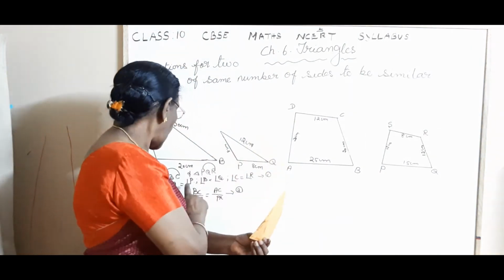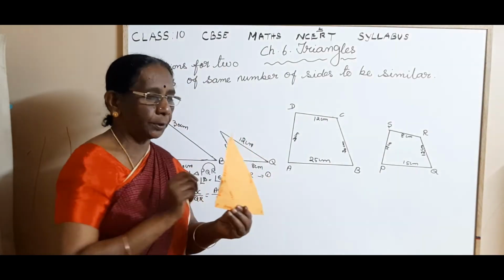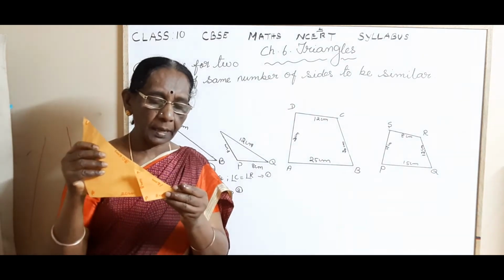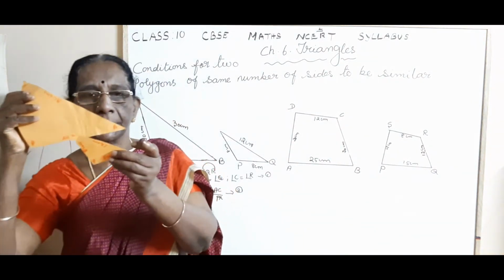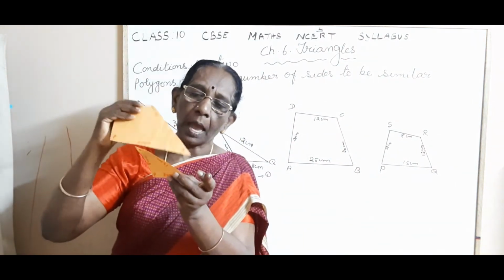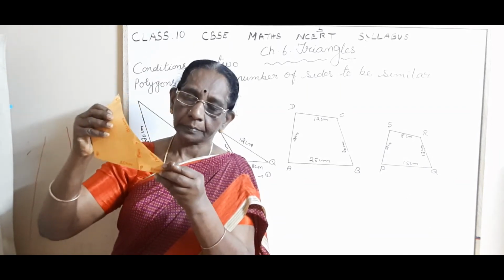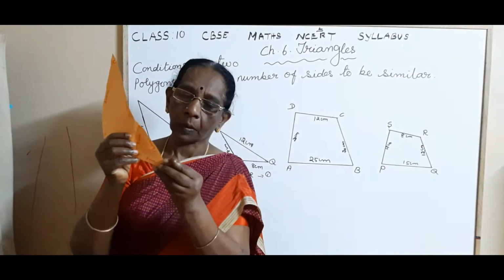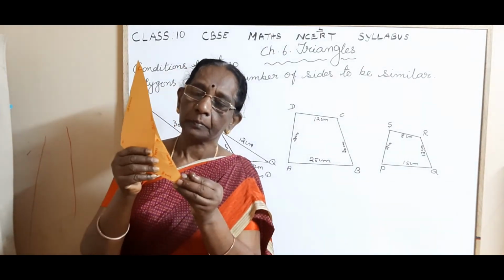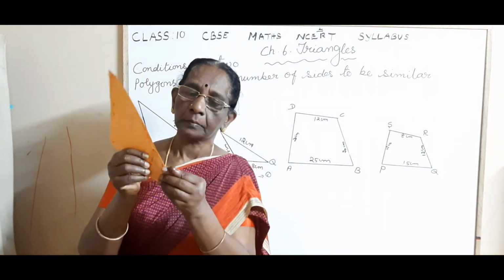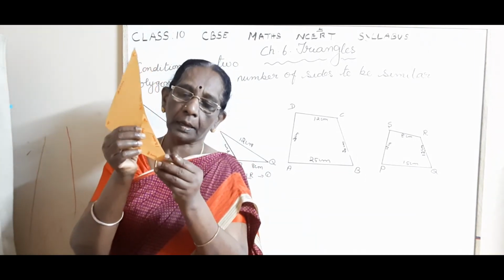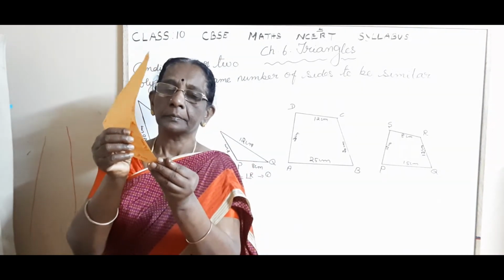Then next, angle B should be equal to angle Q. Now let us check here. I am again superimposing the two angles, angle Q over angle B. Are they coinciding, children?